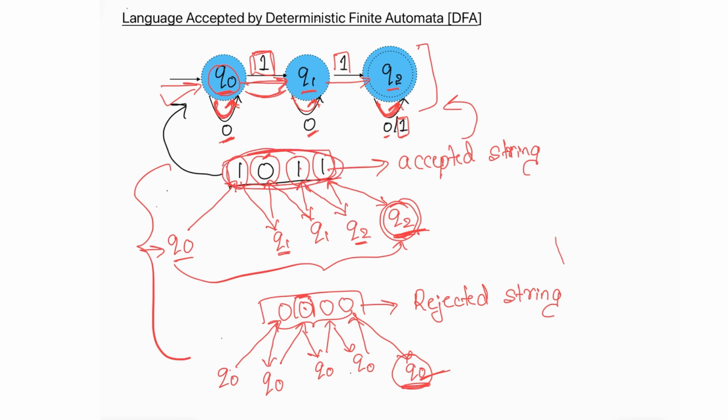Then the given string is accepted by the DFA. So with this particular DFA, this is the acceptable string and this is the rejected string. These kinds of languages with combinations of 1 and 0 are going to be parsed by the above DFA.